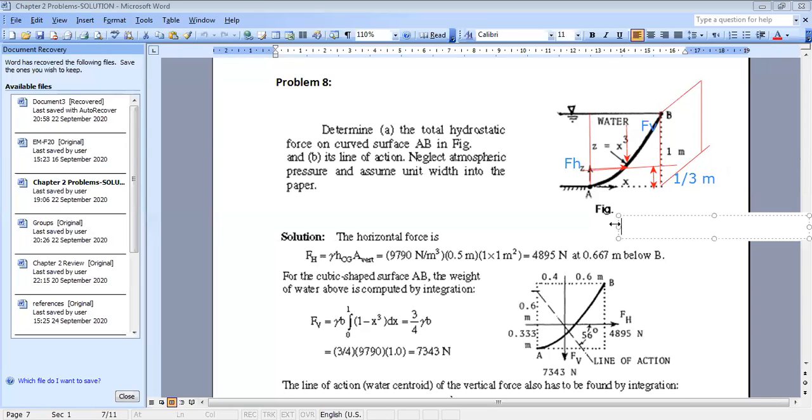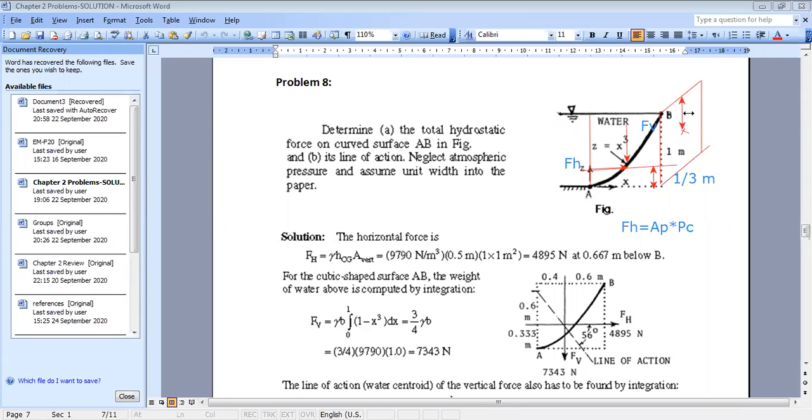We know that FH is equal to the projected area times the pressure at the centroid of this area. What is the pressure at the centroid of this area? This is the centroid. It is located at a depth of h over 2. So the distance here is 0.5 meters.